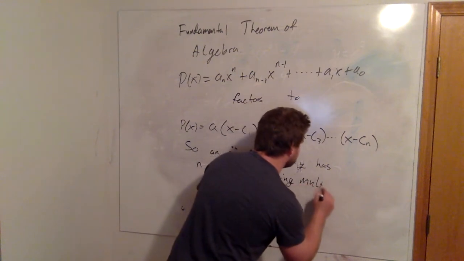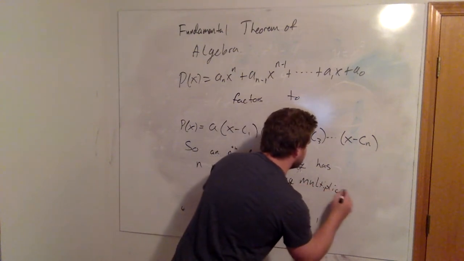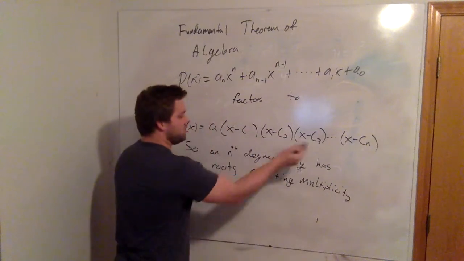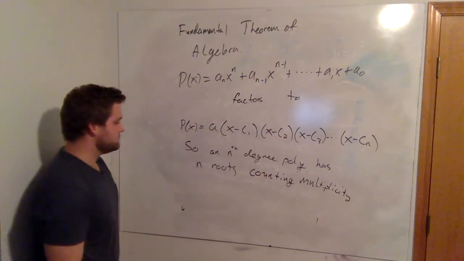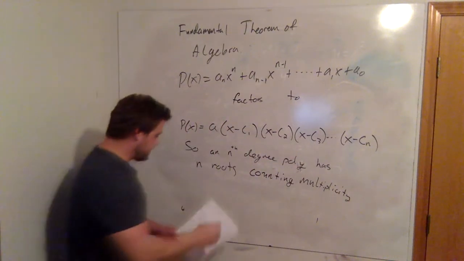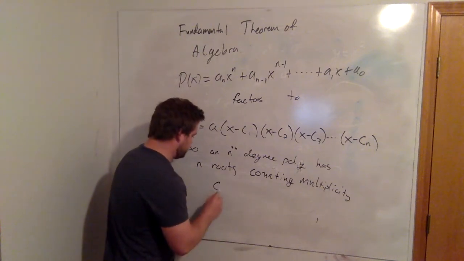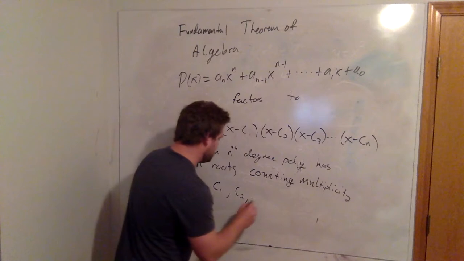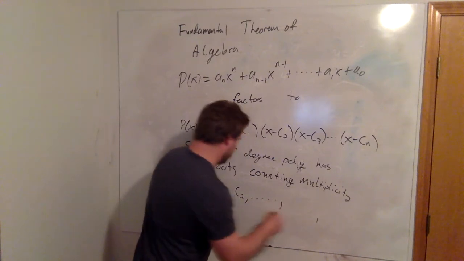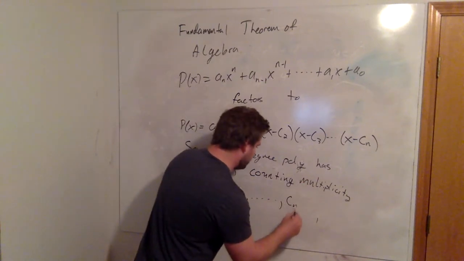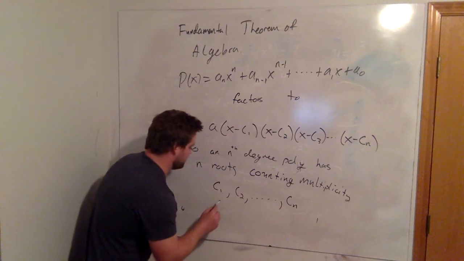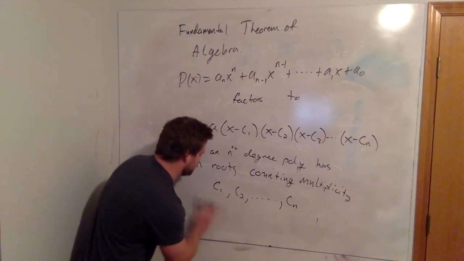That means it's possible that c1 and c3 are the same. What I should say here is that c1, c2, all of these c's, all the way to c sub n, are complex numbers.